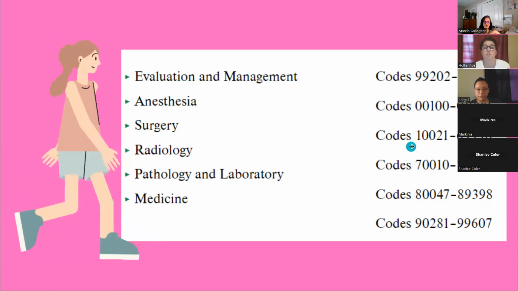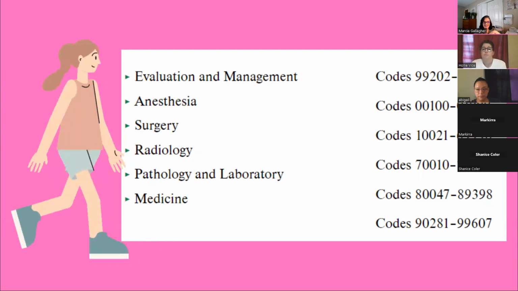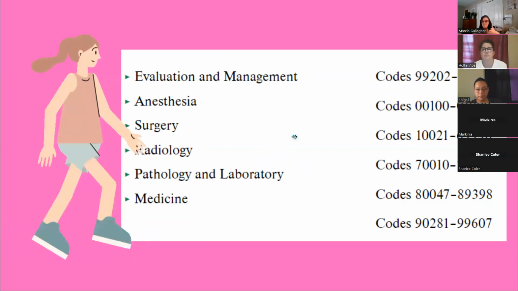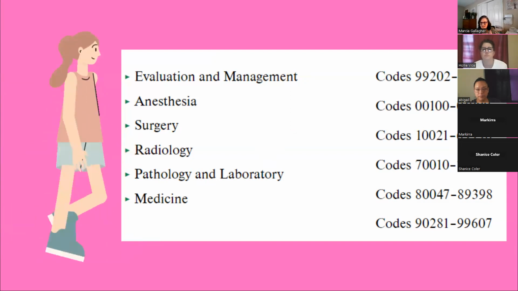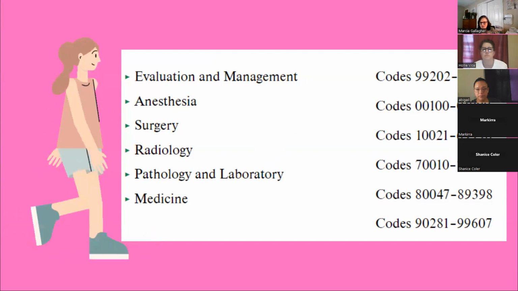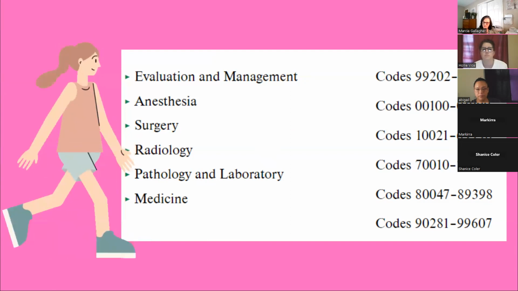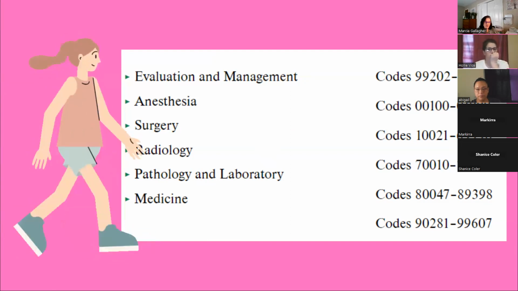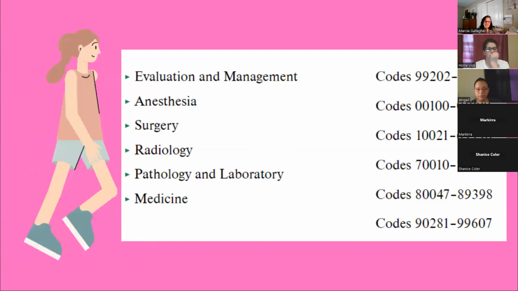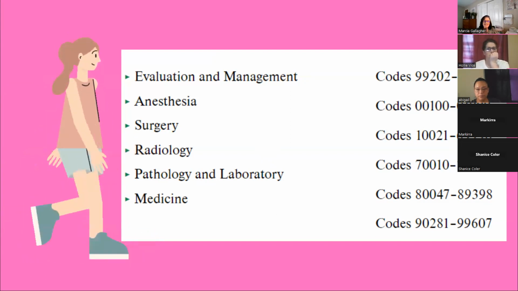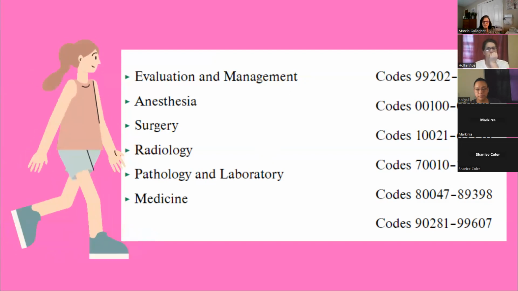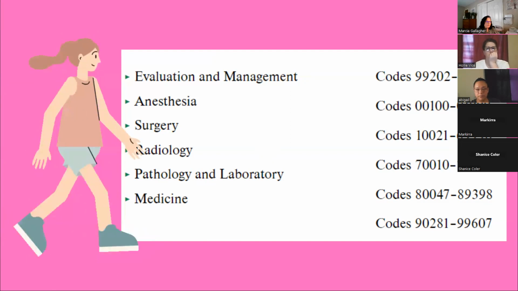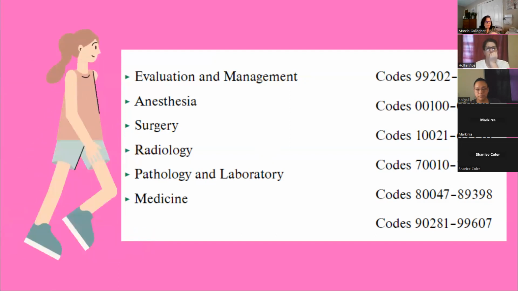It starts with 1 and ends in 69990. The surgery section of your CPT is the largest, but it has everything like the integumentary system, the cardiovascular system. It has all the individual systems in there. Radiology codes are 7s, pathology codes are 8s, and your medicine codes, we have another 9, but it's 9 zeros. But at the end, we do hit 99 again. So that is the breakdown of your code ranges.